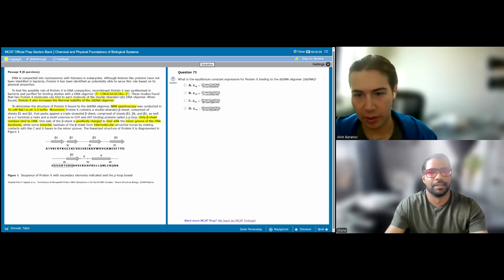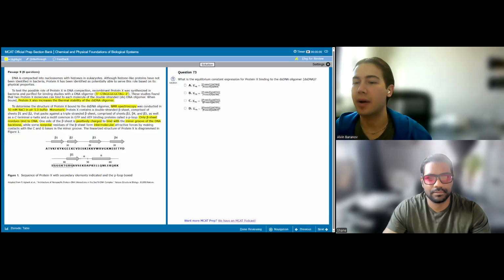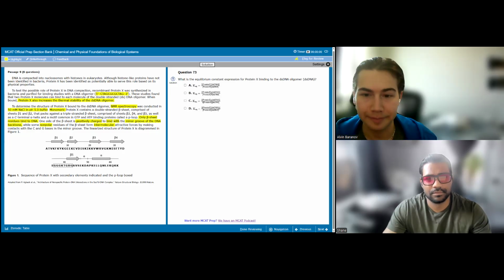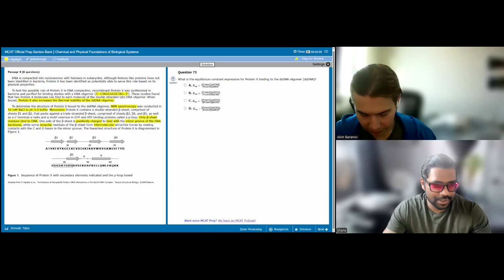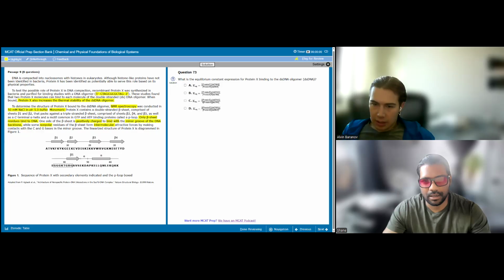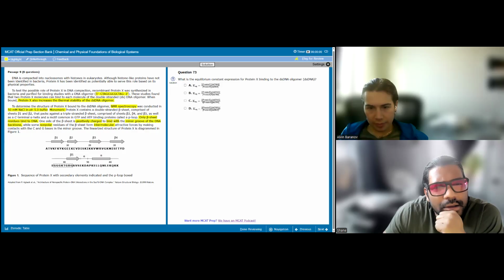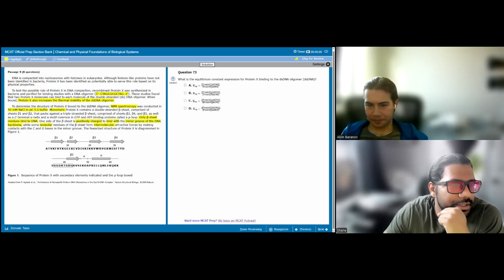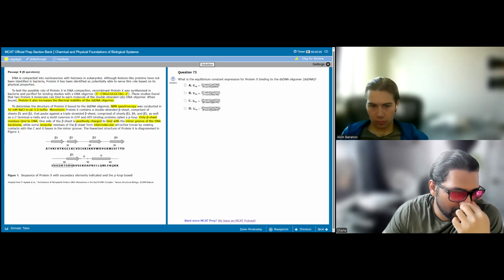Next is this. What is the equilibrium constant expression for protein X binding to dsDNA oligomer? Yep, so a mass action type of deal. Protein X. Oh, okay, hold on.